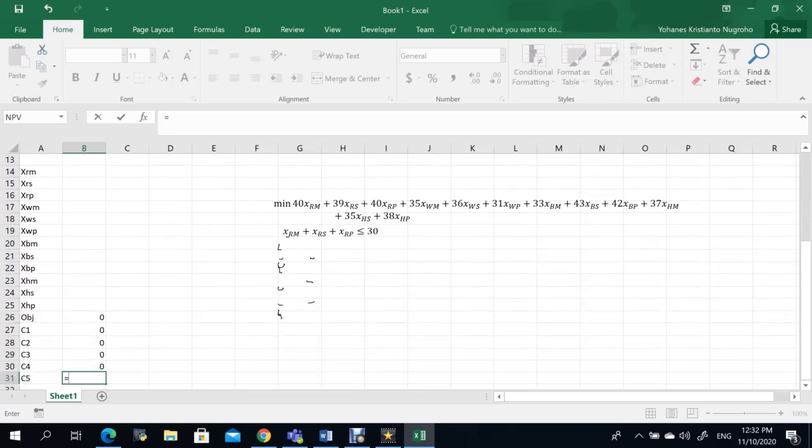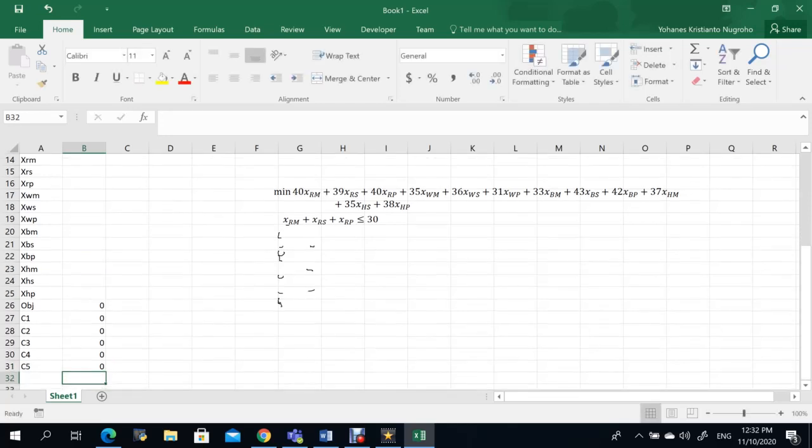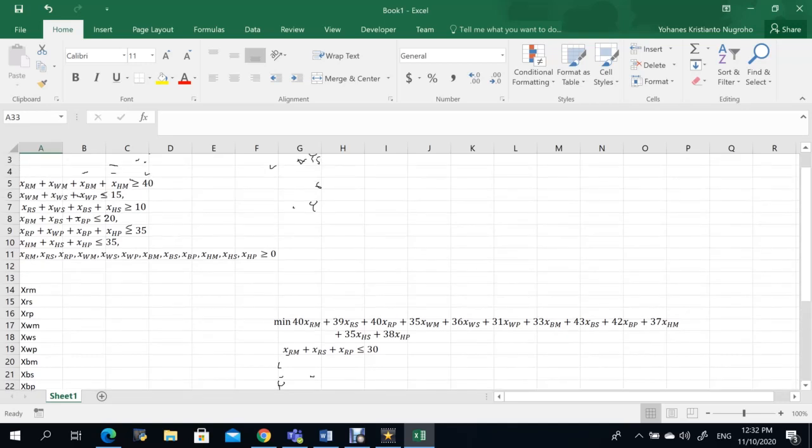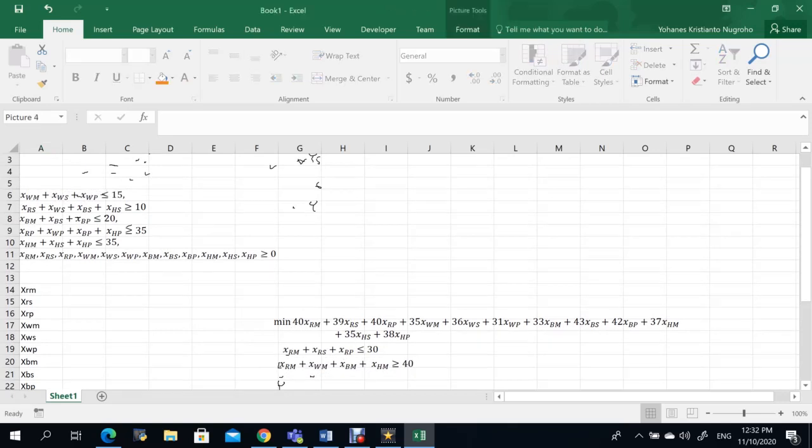So here we have PM plus PS plus PP. And then 6, XRP, right? RP WP. Okay, now we have the second. Okay, maybe it is better to put one by one.